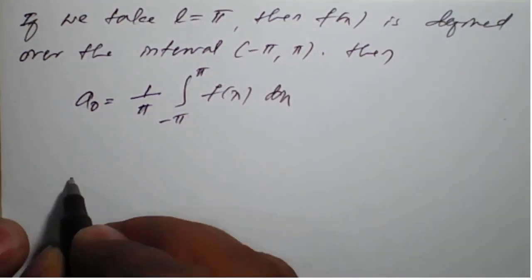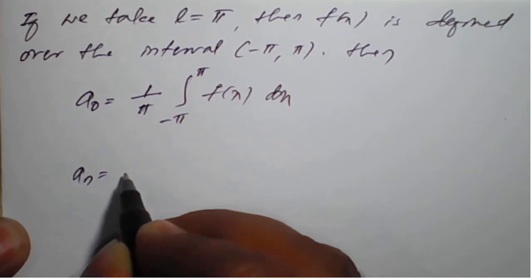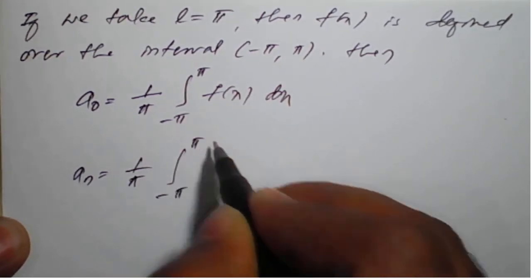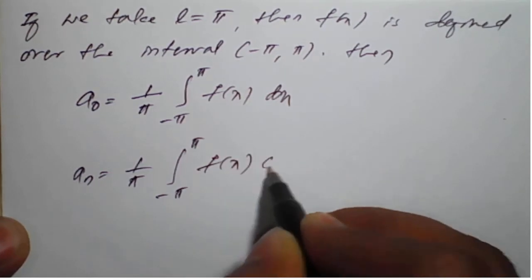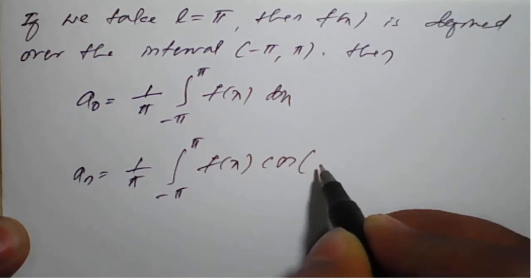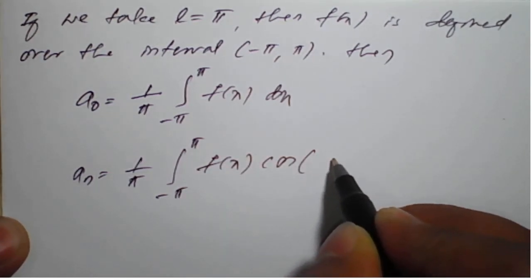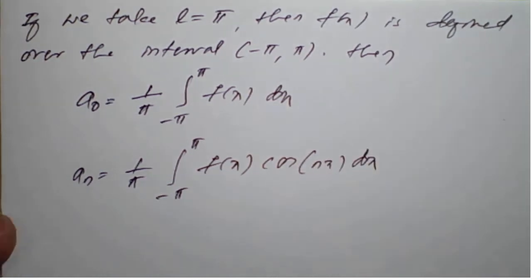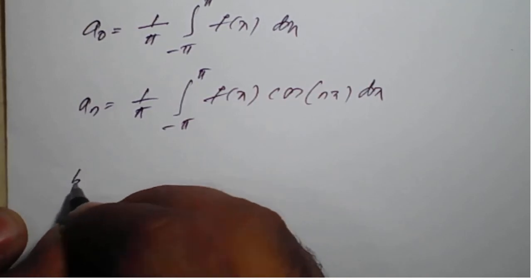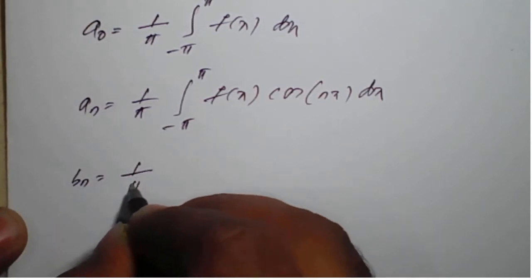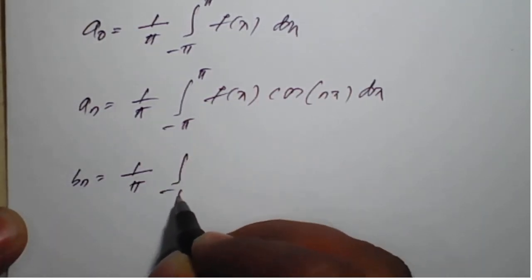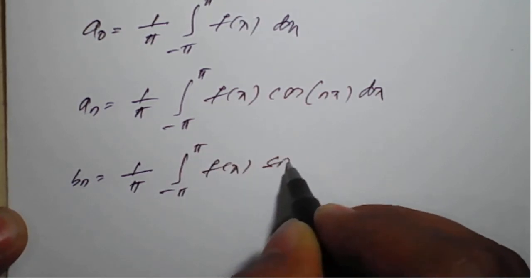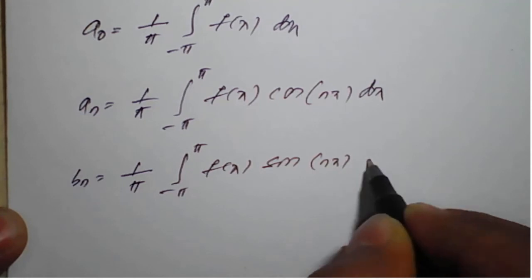An will become 1 upon pi integration minus pi to plus pi f of x into cos of n pi x upon pi; pi cancels, we get nx into dx. And bn will become 1 upon pi integration minus pi to plus pi f of x into sine of nx dx.